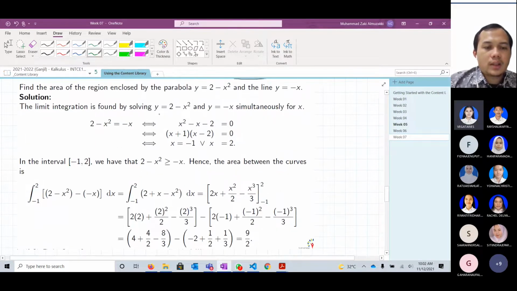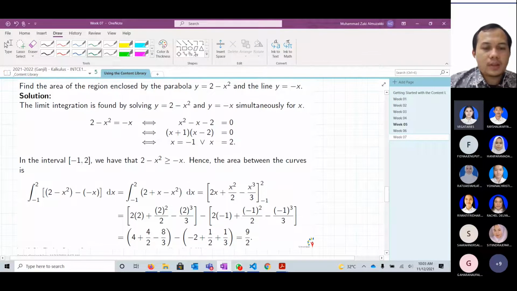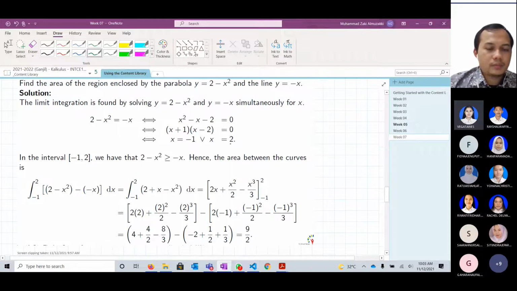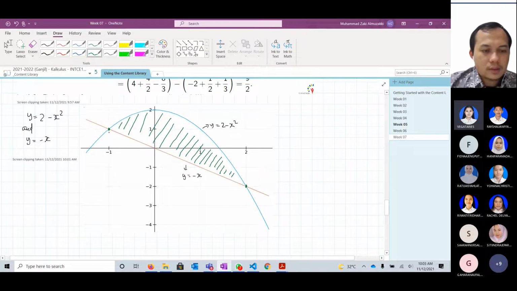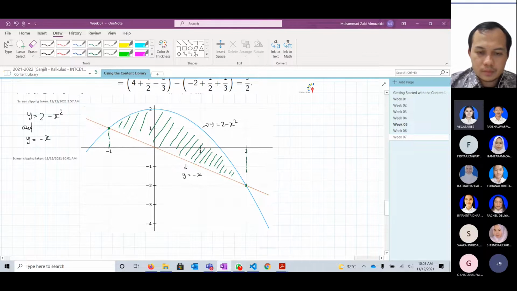Then the limits of integration are found by solving 2 minus x squared equals minus x, which in this case gives x equals minus 1 or x equals 2, because they have to be equal at these intersection points, yeah.